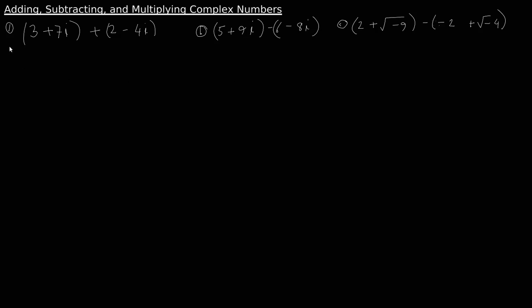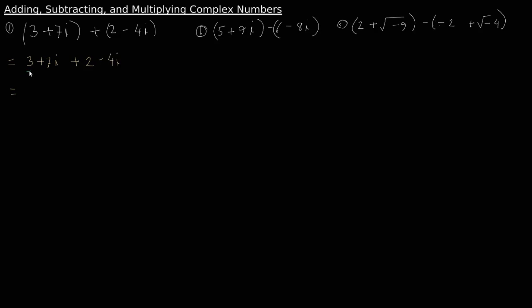numbers. So let's start with the first one, the easy one. Here let us try to take out the parentheses. So here I have 3 plus 7i, and as it is a plus sign, it is just plain taking out, so it will be 2 minus 4i. Now I can add only real with real.